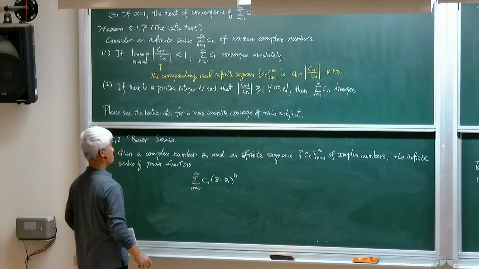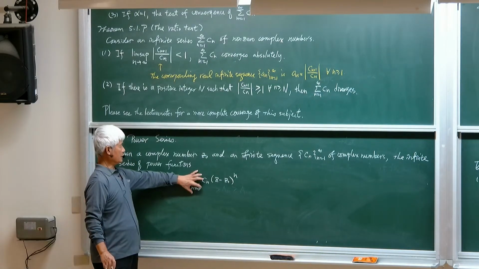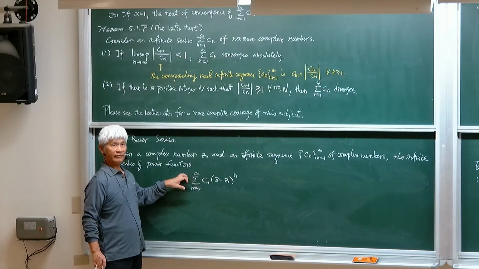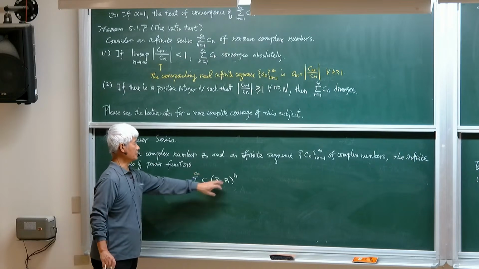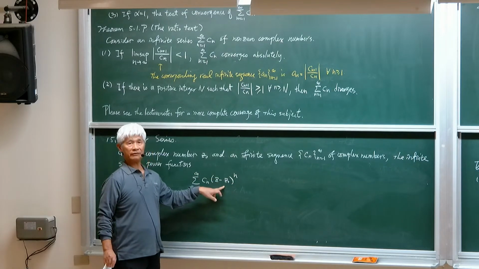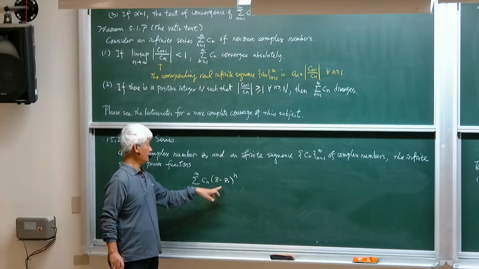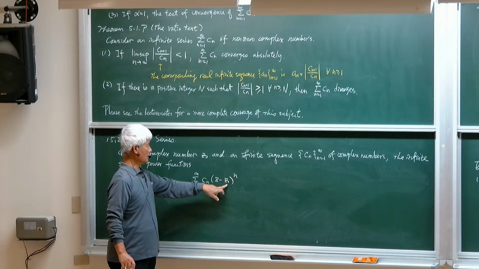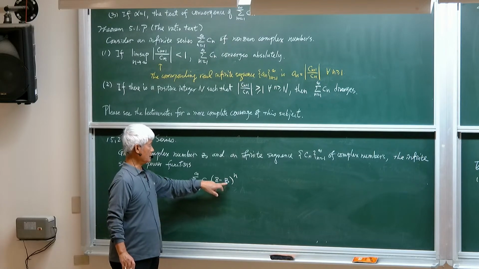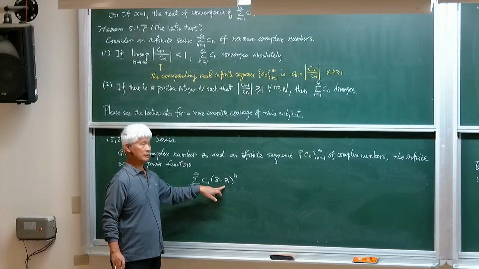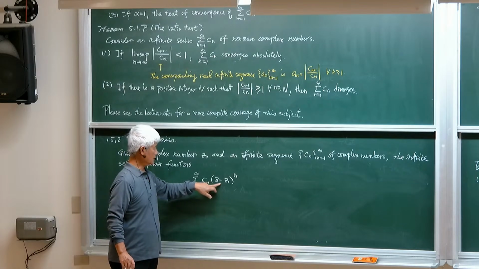Okay, so this is an infinite series of power functions because each term is a power function. The nth term is the nth power of this linear function.